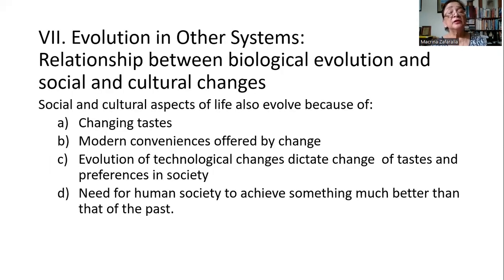Let's talk about evolution in other systems. In this particular topic, we look at the relationship between biological evolution and social and cultural changes. Now we know that social and cultural aspects of life also evolve because of changing tastes. There are fads and fashions, you see, and there are people who go for these fads and fashions. They change their tastes. There are modern conveniences offered by change.